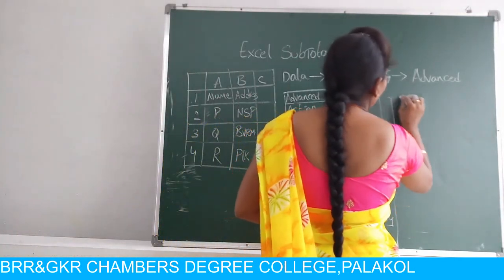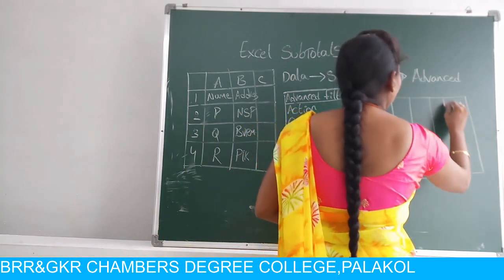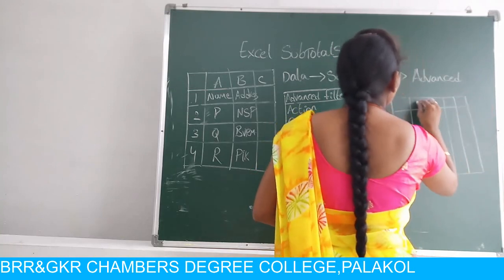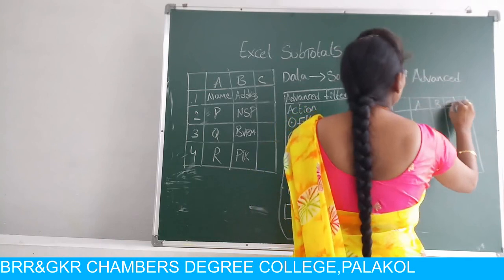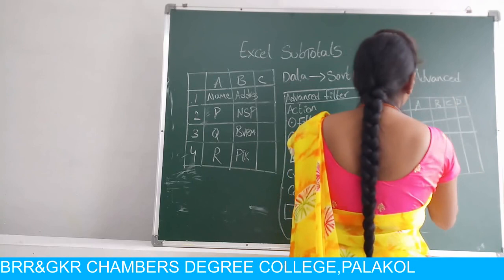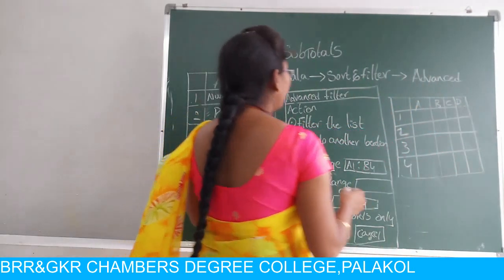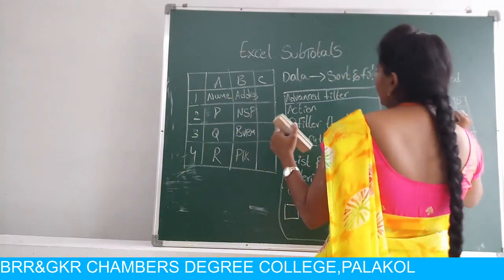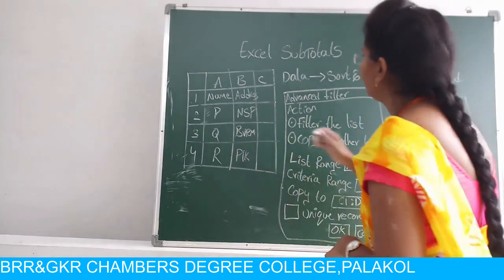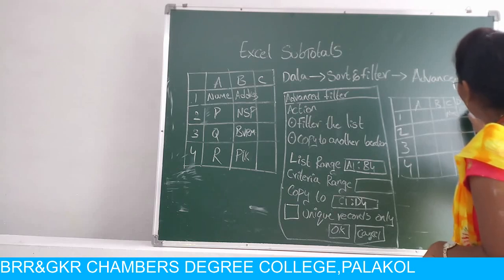That means A column, B column, C column, D column, row 1, row 2, row 3, and row 4. In A1 the cell name will be displayed in C1, and in D1 it will display address.